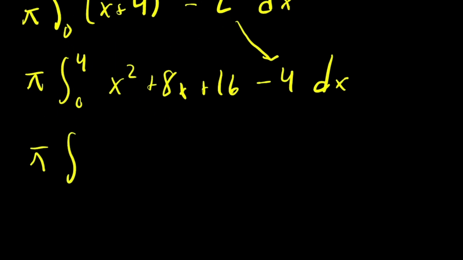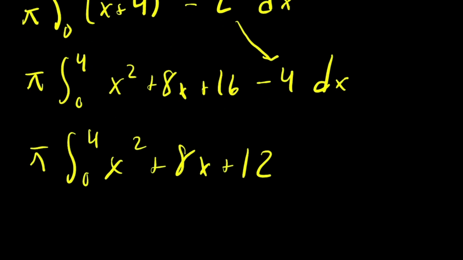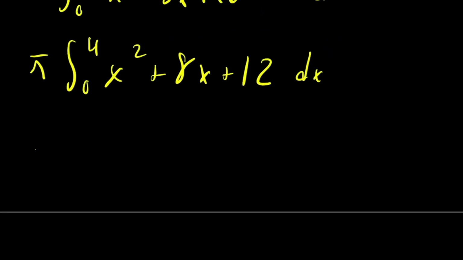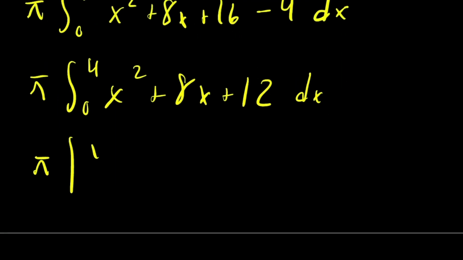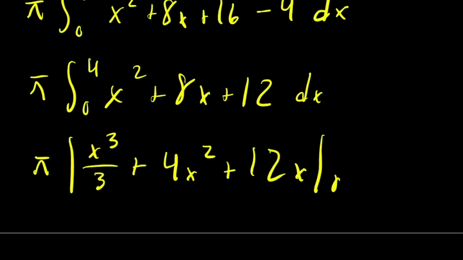Combine like terms, we get x squared plus 8x plus 12 dx. And now we're just back to integrating. So we have x cubed over 3 plus 4x squared plus 12x from 0 to 4.